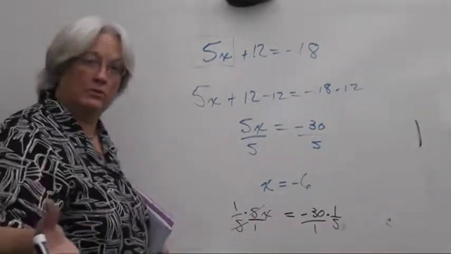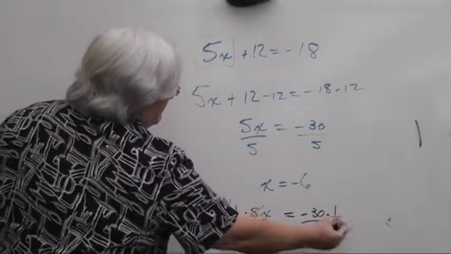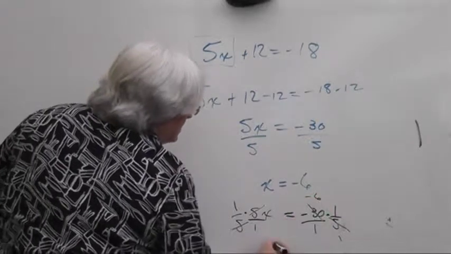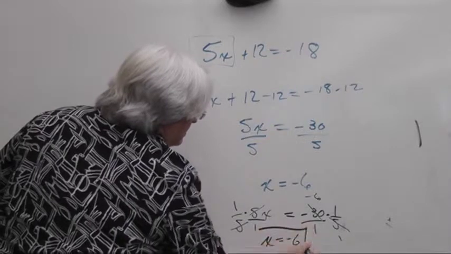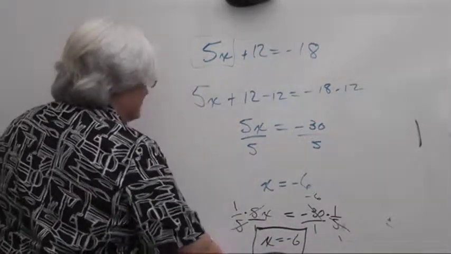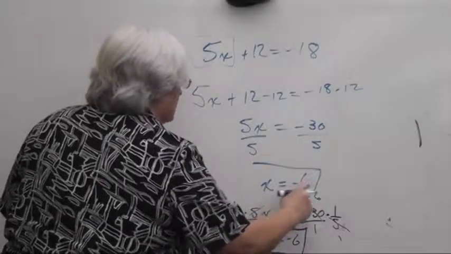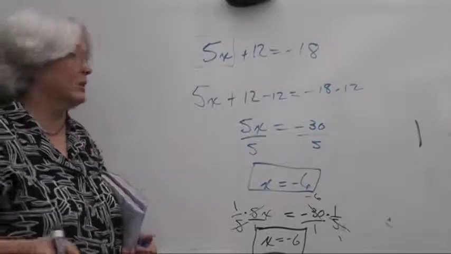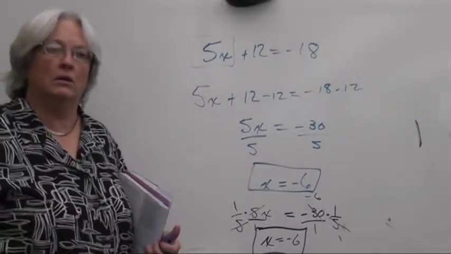We have a common factor of 5 that cancels on the left-hand side. We have a common factor of 5 that cancels on the right-hand side of the equation again. So, as you would certainly expect, we have the same answer, same value for x, which is a negative 6, regardless of how you solve your equation.